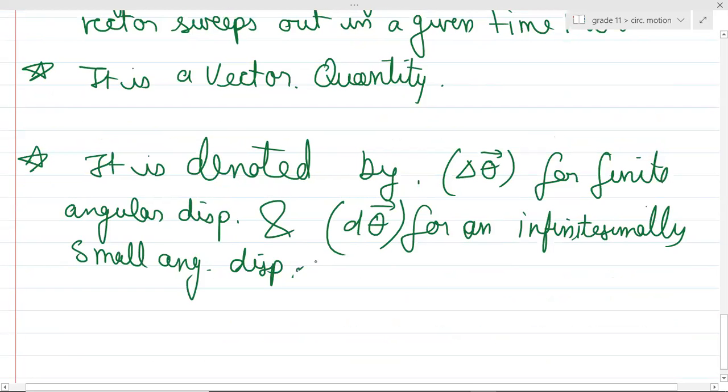Okay. And how is this given by? If it's a vector quantity, then how is the direction given? You can write it as the next point.